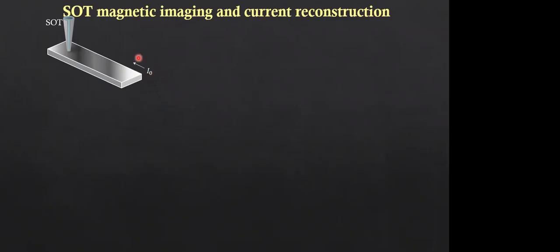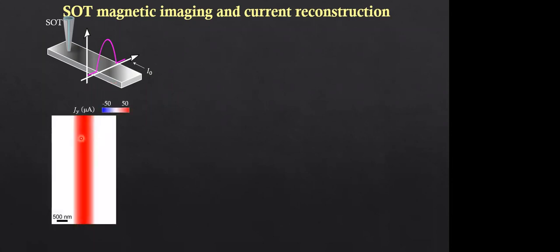The current profile over this channel, narrow or wide, doesn't matter for now, looks like this. This is a simulation of Jy. Red means the current is going upwards, blue means the current is going downwards.